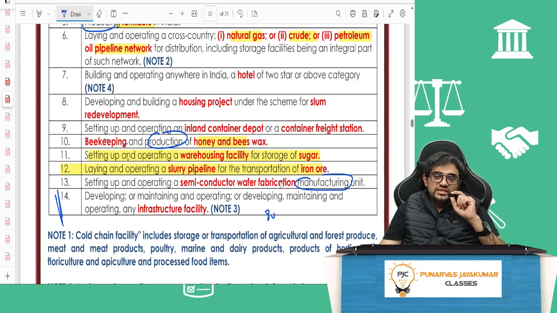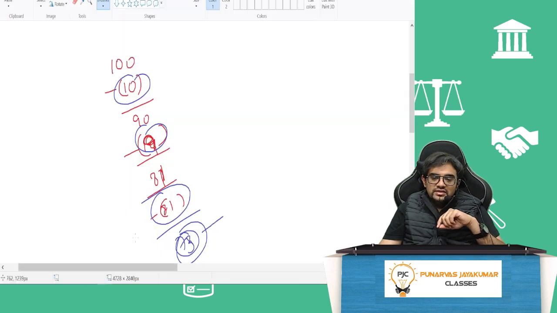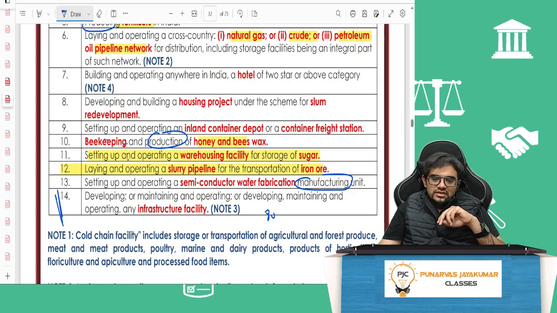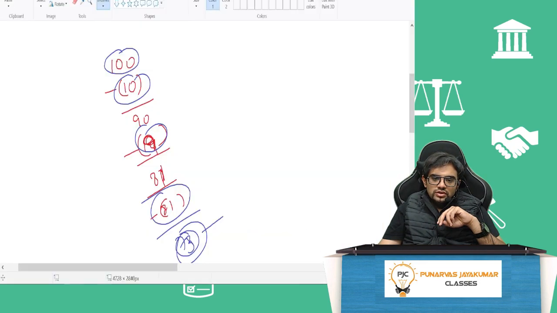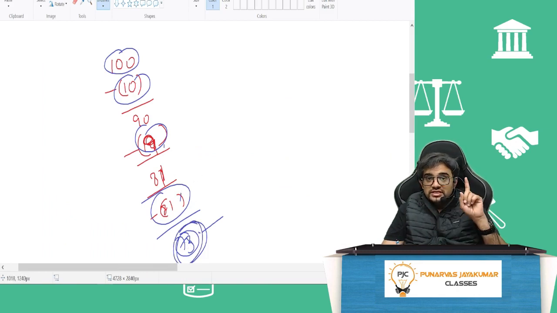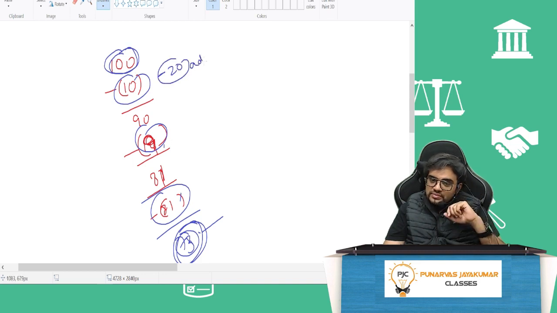If they ask these three things, my dear friends, and they tell you that for these businesses, beekeeping, the semi-fabrication unit, and also fertilizer production, and after 3 years it is sold off, this will be the wrong answer, because since it is manufacture, mind you, and assuming it's a new asset, you also should give 20% additional depreciation here.